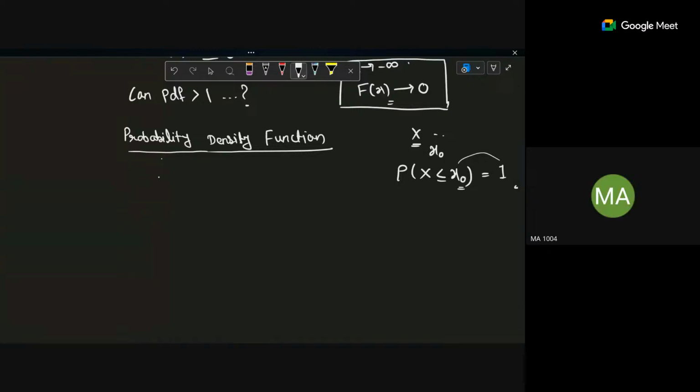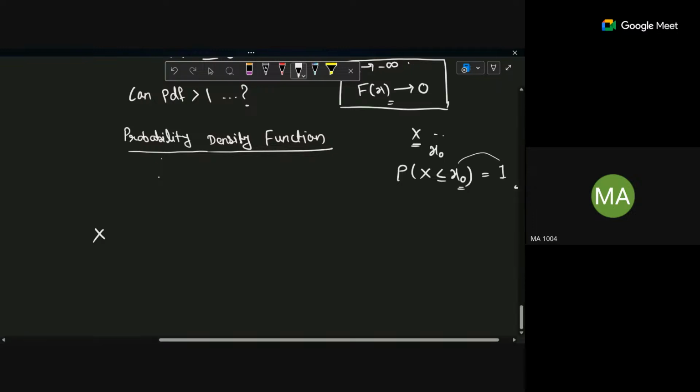I don't want to go into physics, so that's it. Okay, so now just construct a PDF for this particular example if you can.